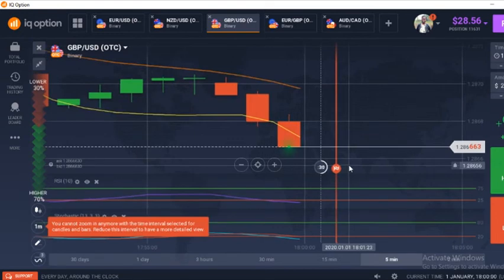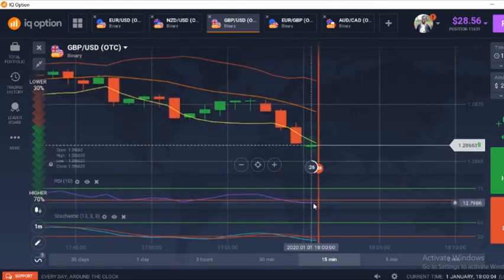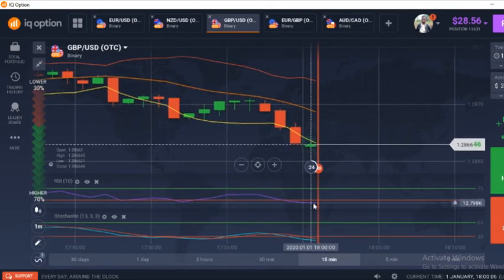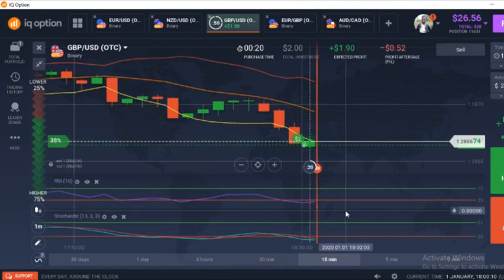Yes, 30. So I trade to higher at 32 seconds. But now one more thing. The candle is not extra large, but let me take the risk anyway.